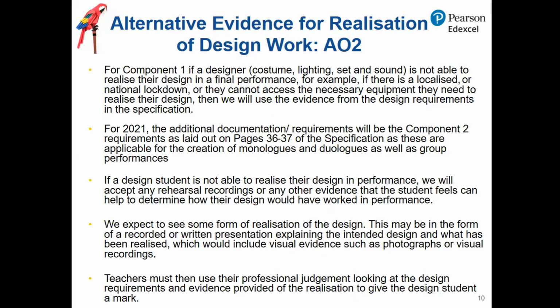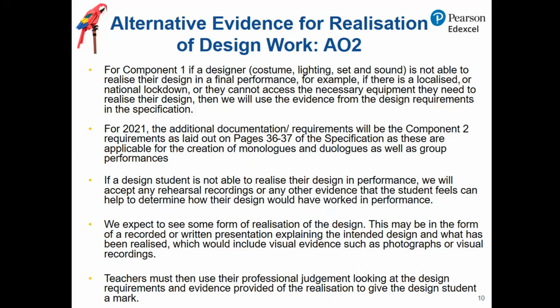Alternative evidence for realisation of design work. For Component 1, if a designer is not able to realise their design in a final performance, for example, if there is a localised or national lockdown, or they cannot access the necessary equipment they need to realise their design, then we will use the evidence from the design requirements in the specification.